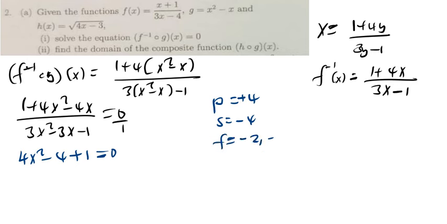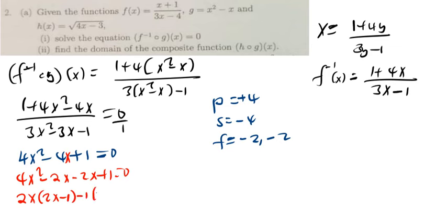So I'll put here 4x squared minus 2x minus 2x plus 1 equal to 0. Factor out 2x here, I'll remain with 2x minus 1. I'll factor out 1 here, I'll remain with 2x minus 1 equals 0.